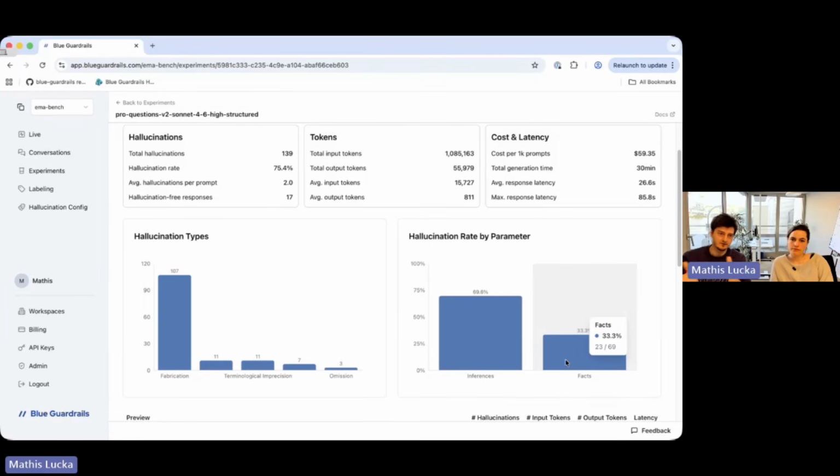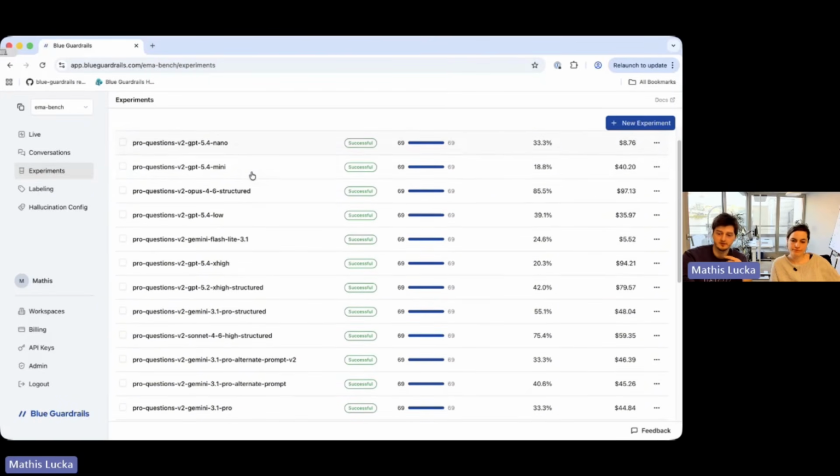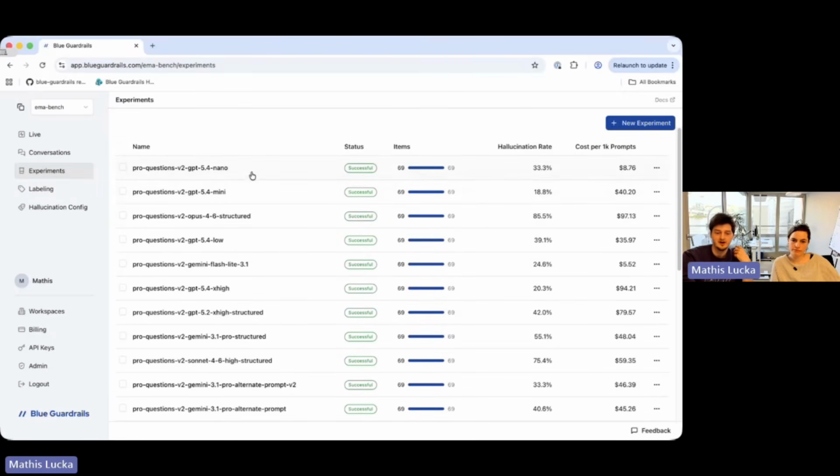If we used the structured output, we got it down to 33%. Not great still, but a lot better. So that's basically the things that we tried. And the main thing that we learned is definitely you need to experiment. You need to experiment to compare all the different properties, the different costs, the different hallucination rates, to see what works for your use case.